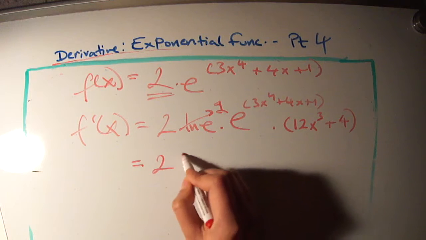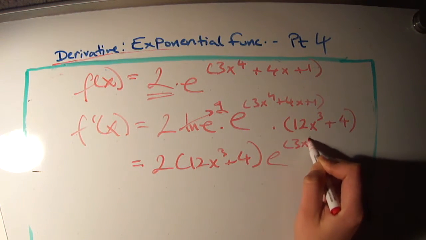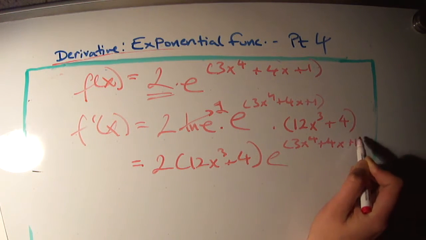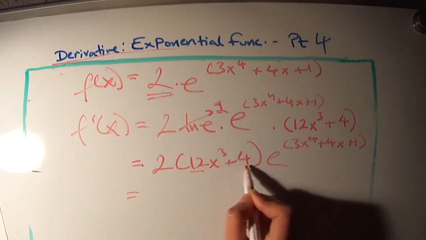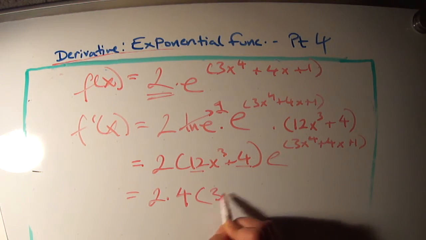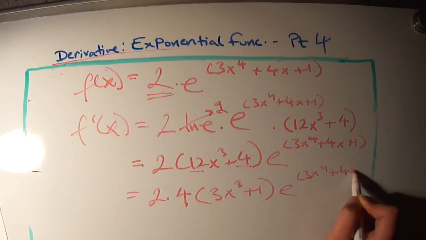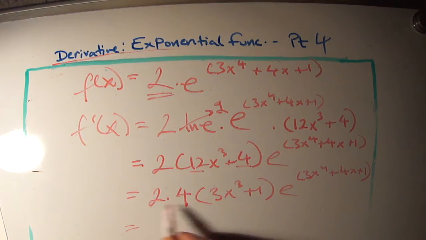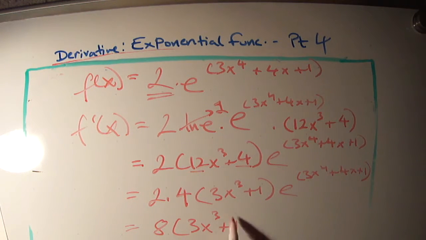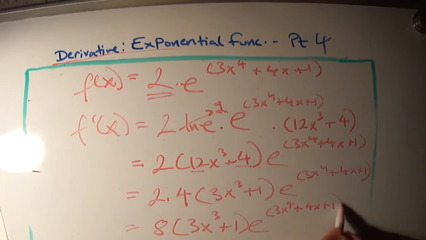So ln of e is 1, now we can simplify this by taking 4 outside the bracket, so you would have 2 into 4, 3x cubed plus 1, e to the 3x to the 4 plus 4x plus 1, which equals 2 into 4, this is multiplication, the point represents multiplication, 8 into 3x cubed plus 1, e to the 3x to the 4 plus 4x plus 1.